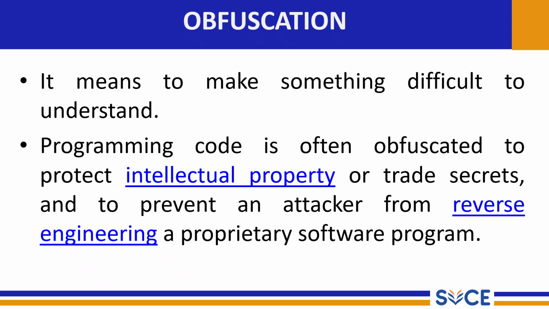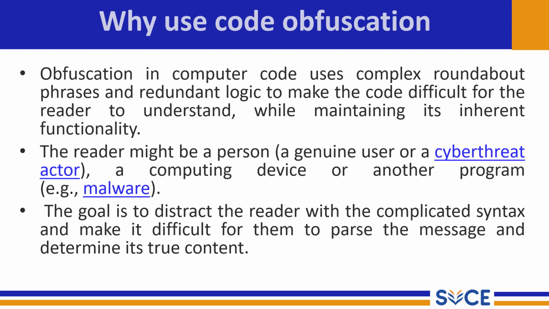The next one: why are we going for this code obfuscation? In general, with obfuscation, we can't understand the programming language very easily, right? Obfuscation in computer code uses complex roundabout phrases and redundant logic to make the code very difficult for the reader to understand while maintaining its inherent functionality.